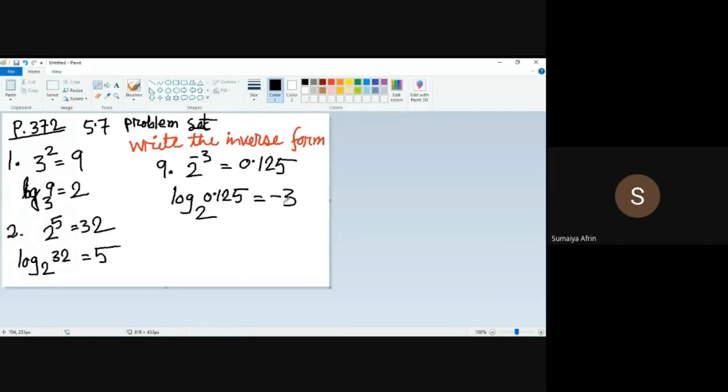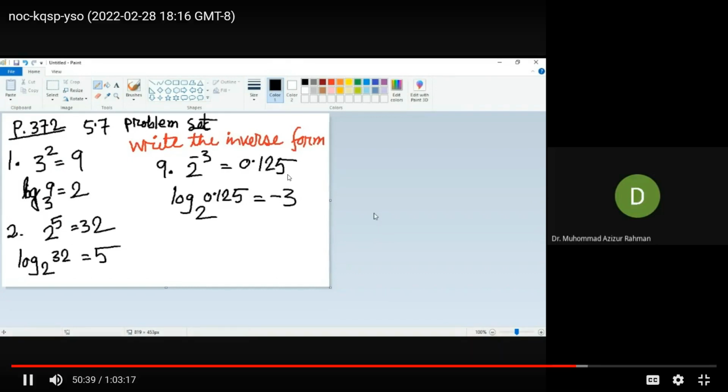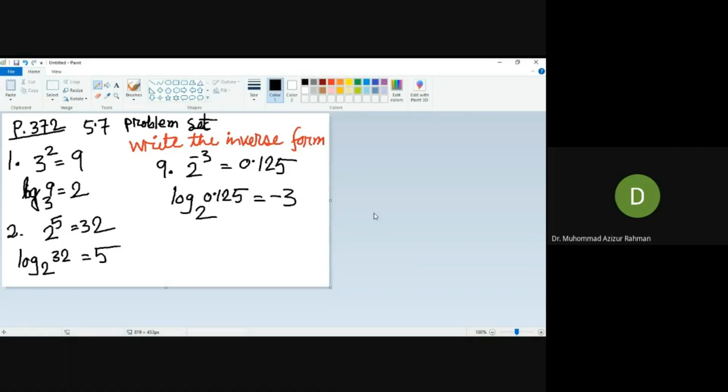Maybe we can do one more. Problem number 14 is given in terms of ln 10 equals 2.3026.